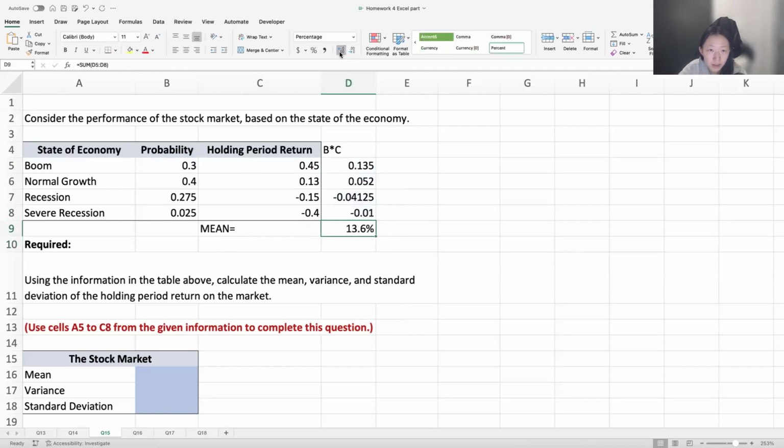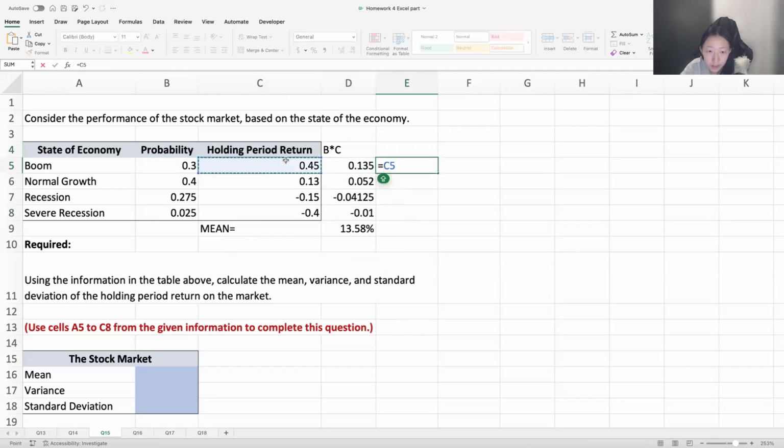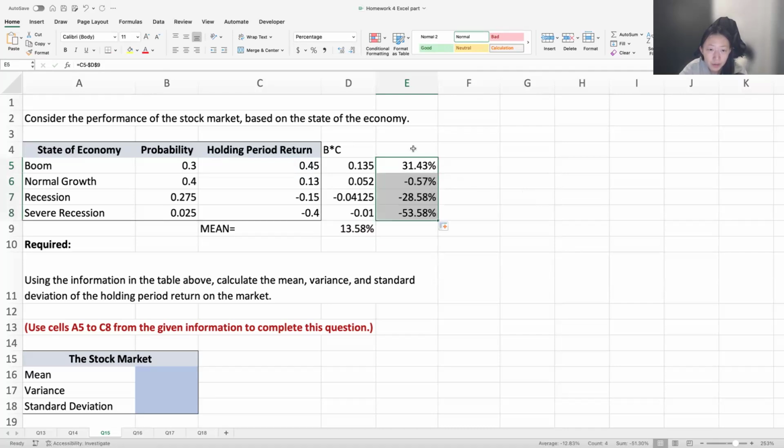That will be 13%. Next we calculate the deviation from mean, which is the return deviated from mean. I'm going to add a dollar sign here to fix this cell because the mean is always the same one. Drag it all the way down.